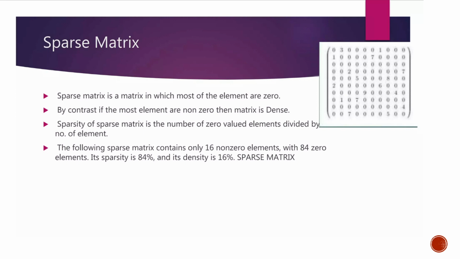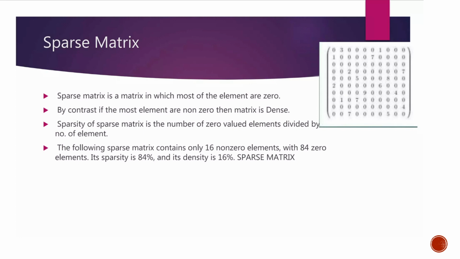The time complexity, the Big O notation of a sparse matrix is n square, because for searching any element we'll have to go through every row and every column to reach an element, which will require two nested loops, hence the n square.